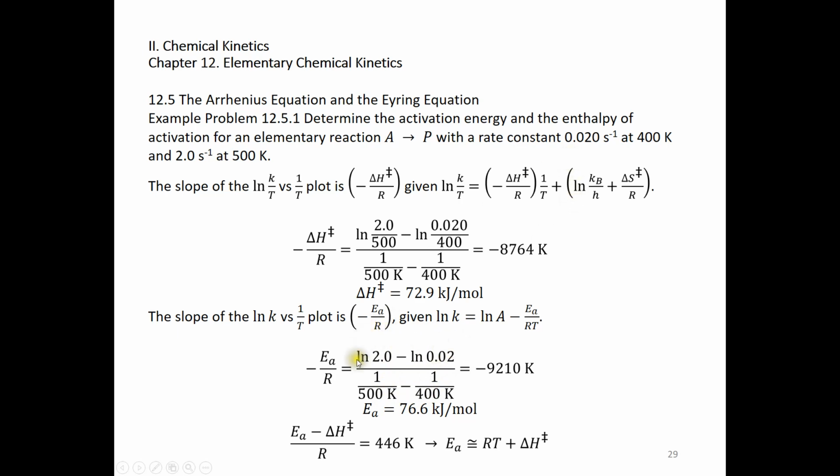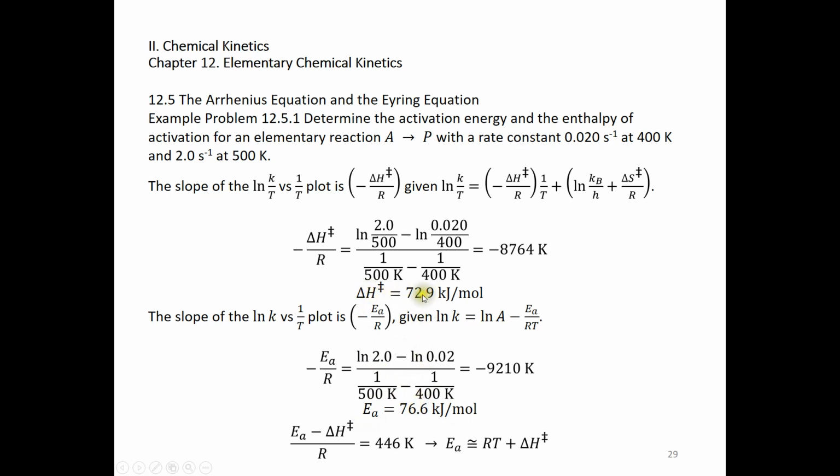So Δy is just the difference between the ln k values, and Δx is the difference between 1/T values. We get negative 9,210 Kelvin. We calculate this activation energy to be negative R multiplied by the slope. It's 76.6 kilojoule per mole.